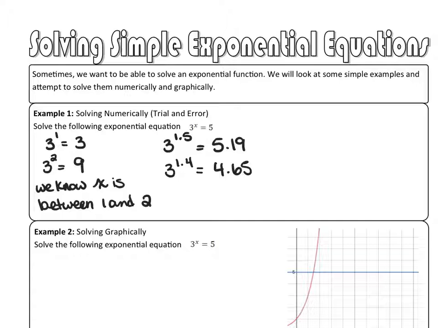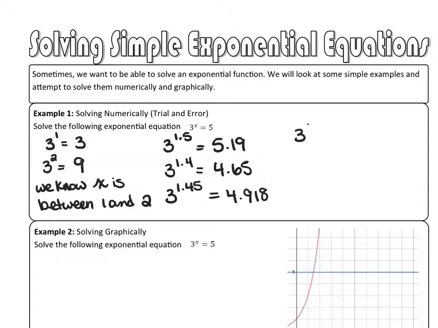So now I know that 1.4 is too small, 1.5 is too high. So my number has to be between 1.4 and 1.5. So I go in between there and do 1.45, and I get 4.918.